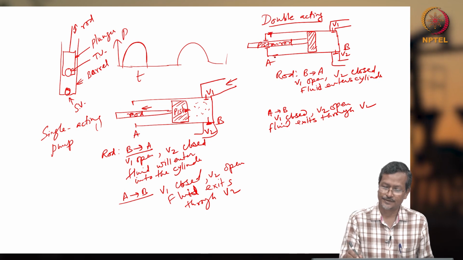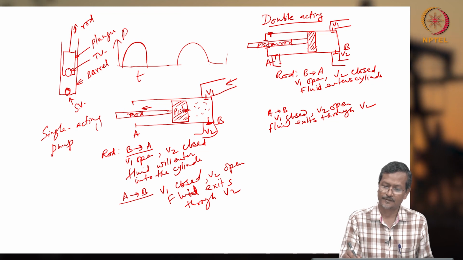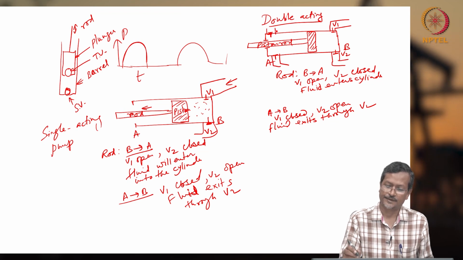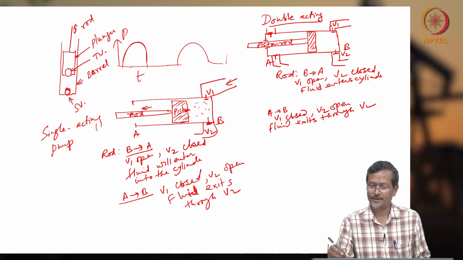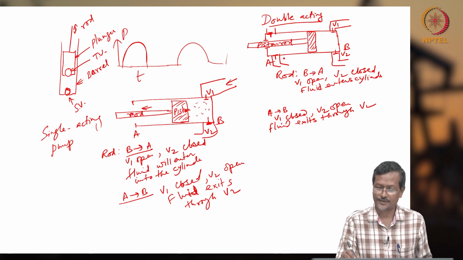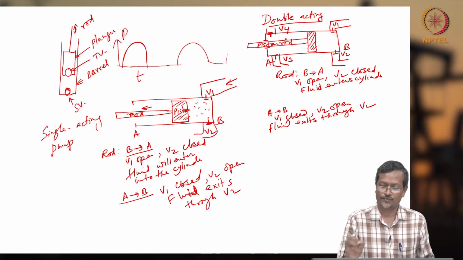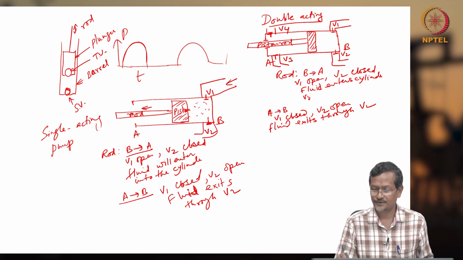Inside, like this, there will be opposite valves. So V1 is entry, and I'll name the others V3, V4. Now what is happening in V3?